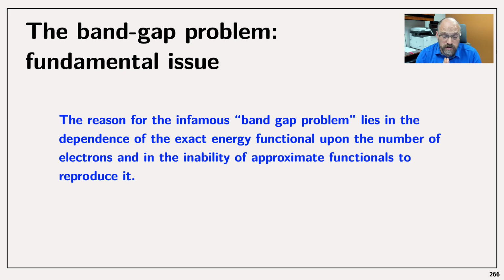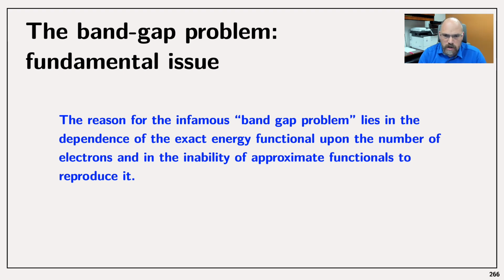So in other words, when you compare two systems with a different number of electrons, you do have a contribution coming from the non-continuity of the first derivative of the exchange correlation energy with respect to the number of electrons.